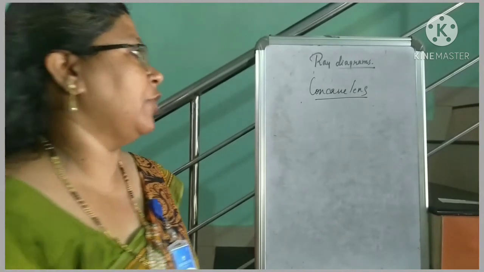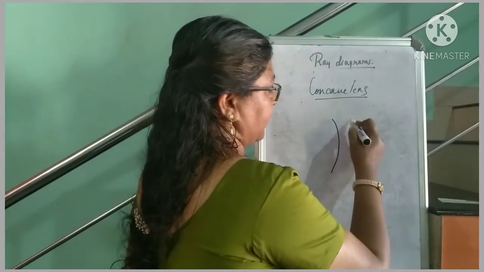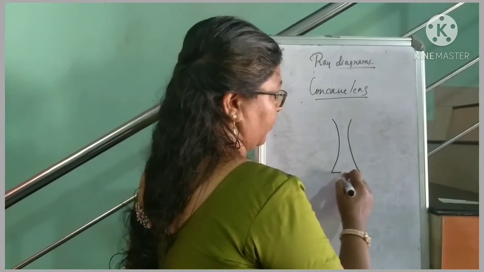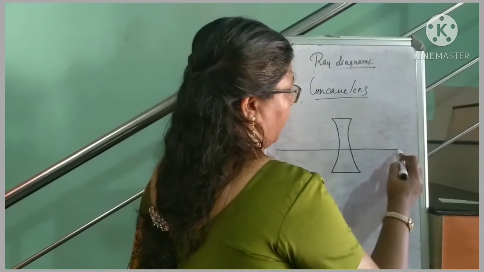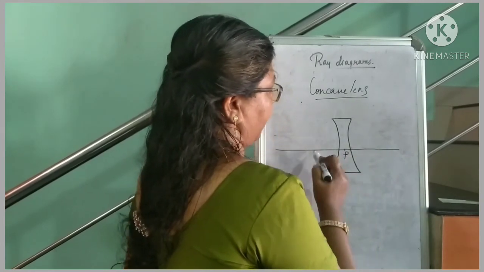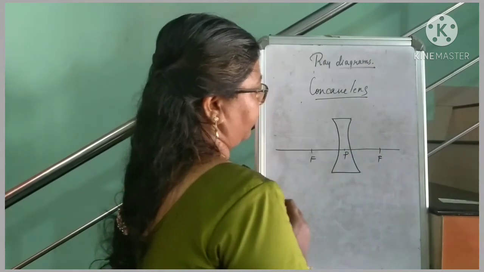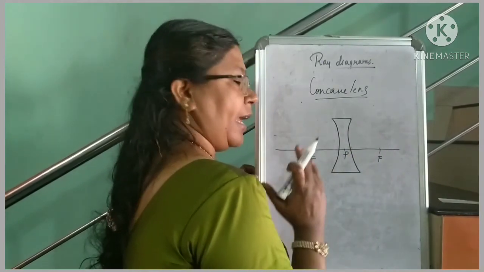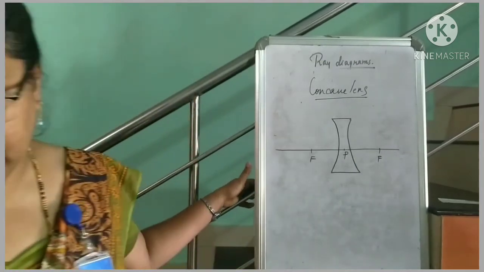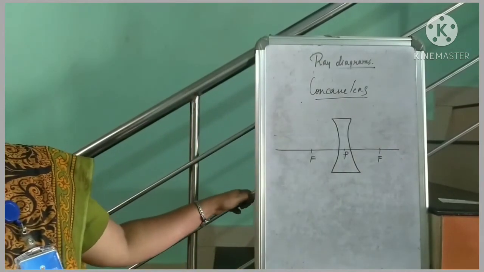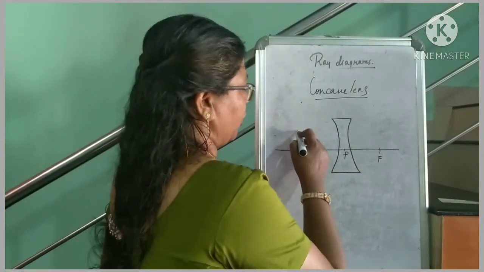So, how will you draw the diagram? A concave lens. Pole is marked here, and F. So wherever may be an object in front of a concave lens, suppose you are keeping an object here.